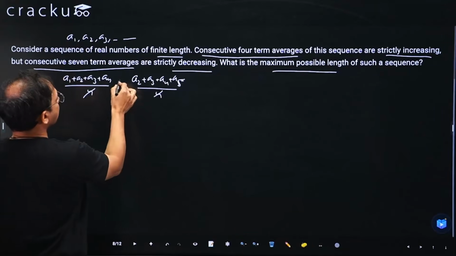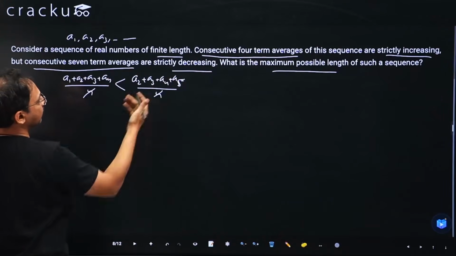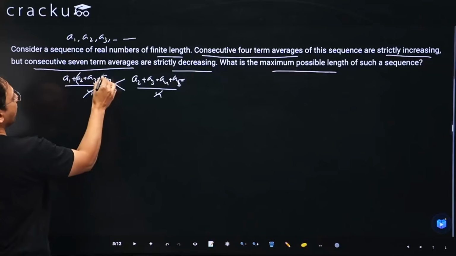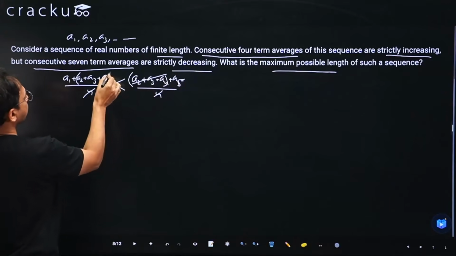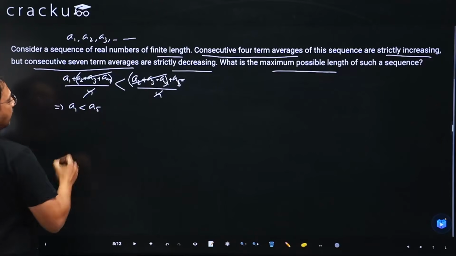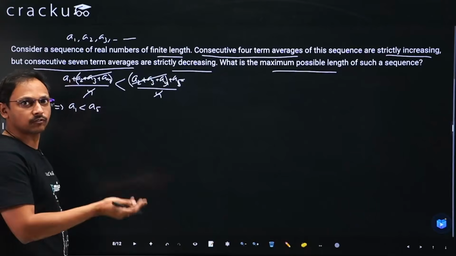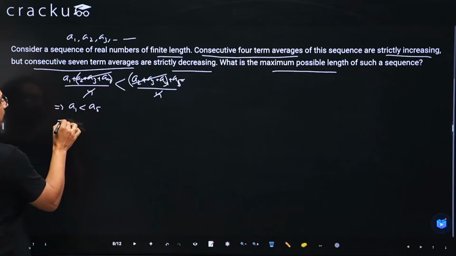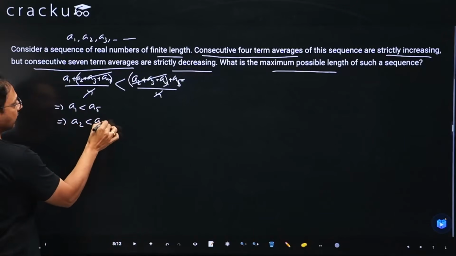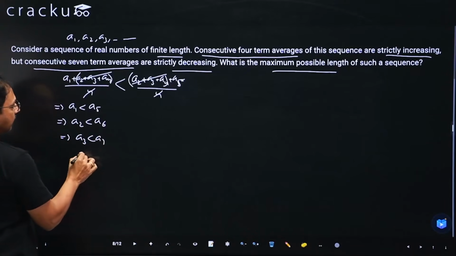This is strictly increasing, so when you move from this average to this average, the value will increase. So I can write A1 is less than A5. Any term is less than the term which comes 4 terms after that. Similarly, A2 less than A6, A3 less than A7, A4 less than A8 and so on.